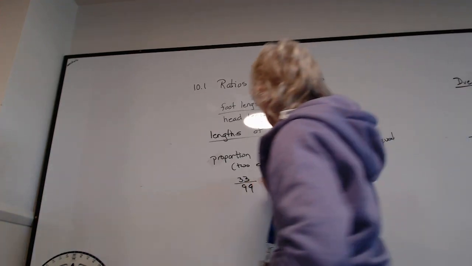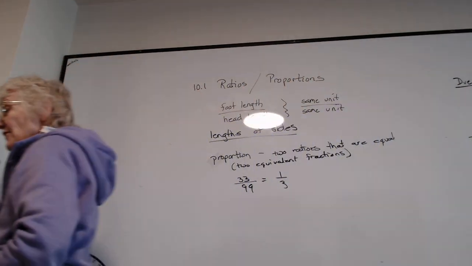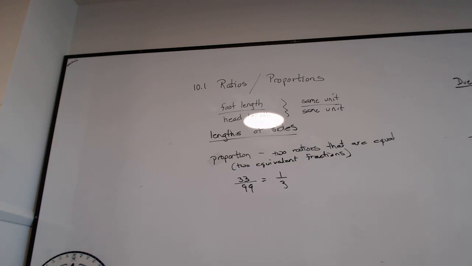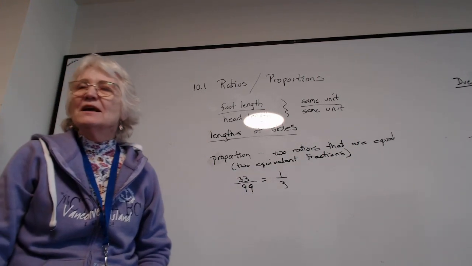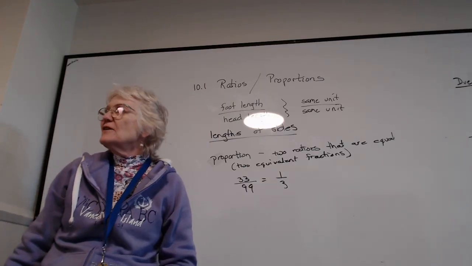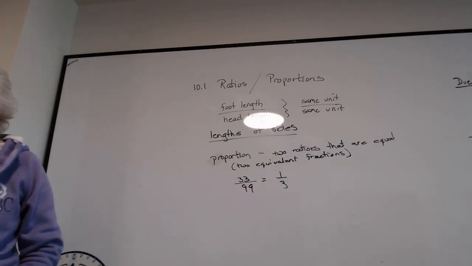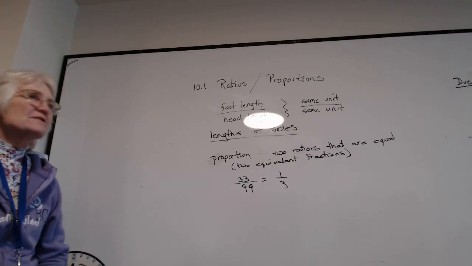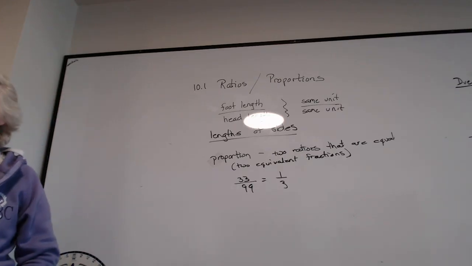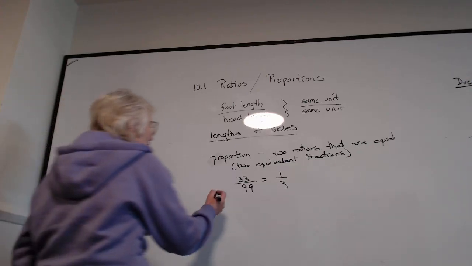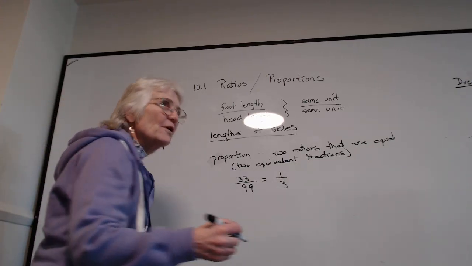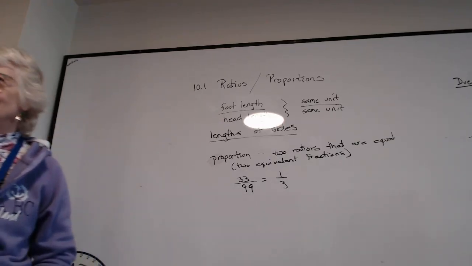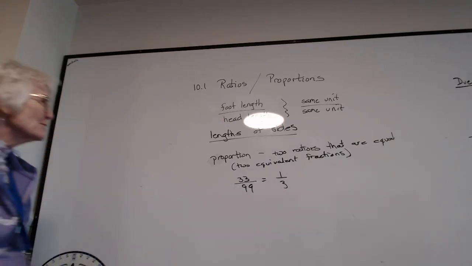They're equivalent fractions, okay? Very easy if they're both divisible into a nice number. What we usually talk about is how to solve proportions. In other words, when I have two fractions that are equal with one of them unknown, there's a couple ways to do the procedure.